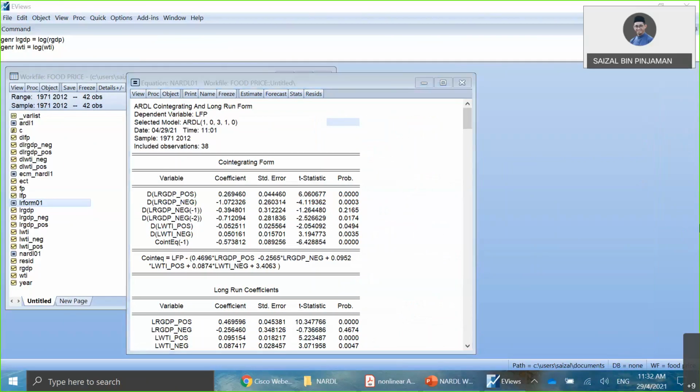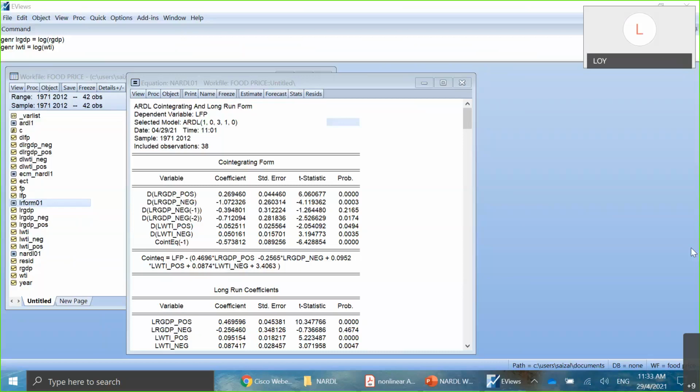Excuse me, teacher, I have a question. I'm sorry, I can't send a message in WeChat, so I use Mac phone. I just want to ask, what's the difference between co-integration test and ARDL model? Can you type the question in the chat box?